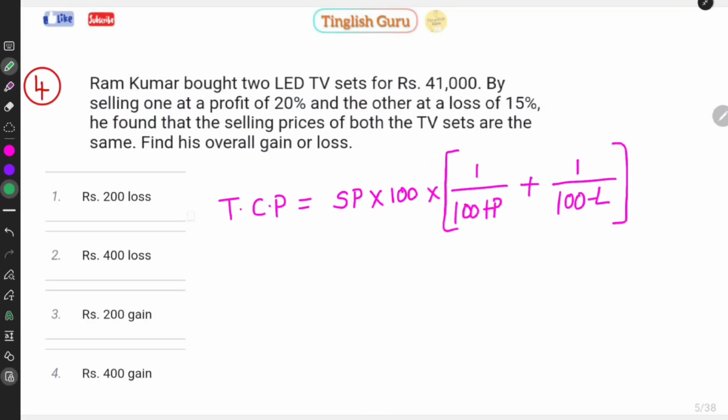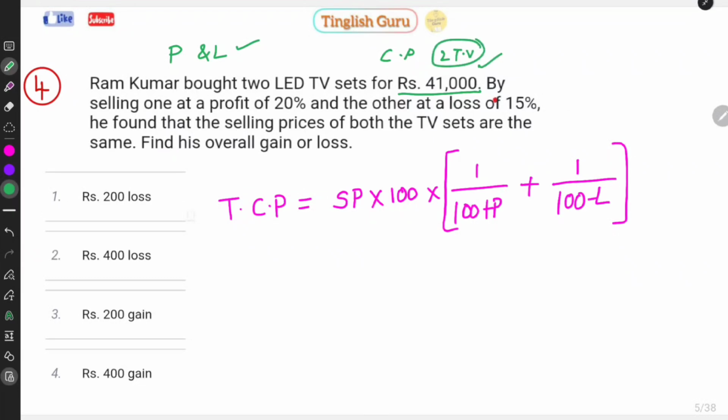Next, this question is related to the topic profit and loss, and this is a most repeated model in this topic. Let us read the question first. Ram Kumar bought 2 LED TV sets for 41,000. That is the cost price of both TVs total.